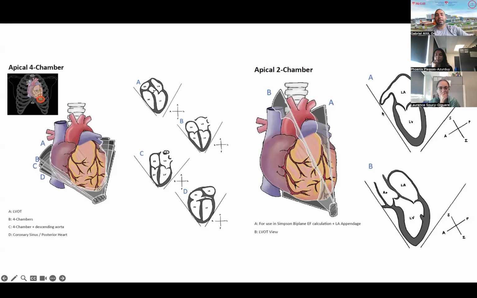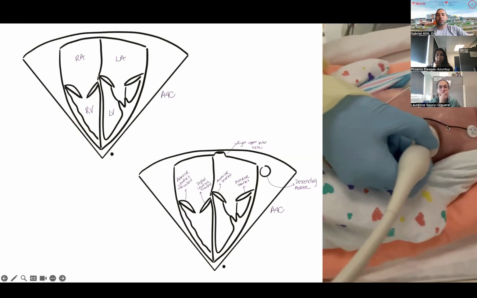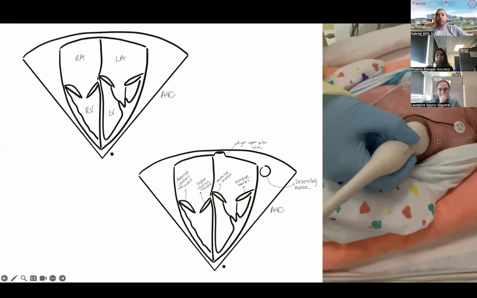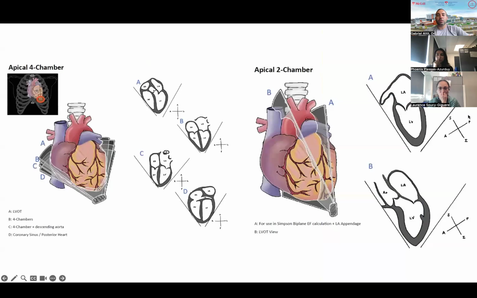So in this particular schematic, the anterior is here and the posterior is here. In our imaging protocol, we actually get the reverse, where we get the anterior on this side and the posterior on this side. So just don't mix up, keep your consistency in your scanning, and know where your anterior and your posterior are. We will typically turn the probe 90 degrees anti-clockwise, with the marker towards the clavicle of the patient, which will bring the appendage of the left atrium anteriorly on this side, and the posterior side the other way around.